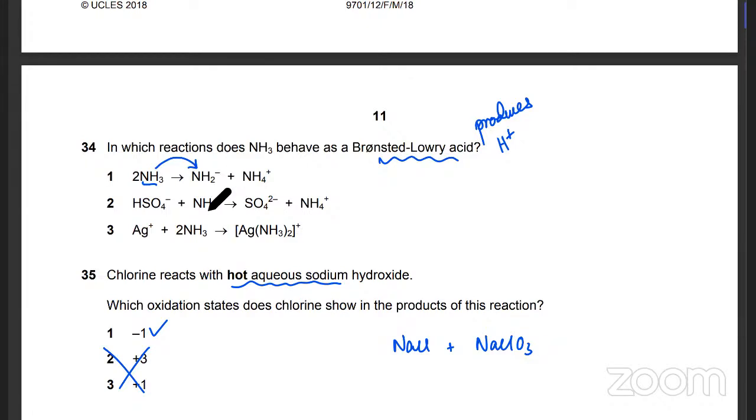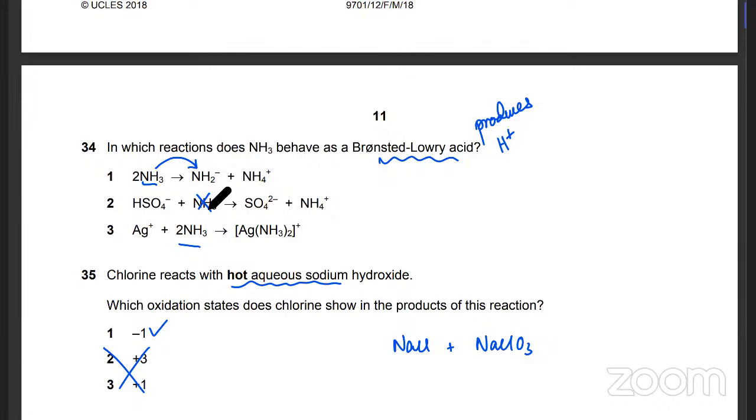What is NH3 behaving as in number 2? A base. It's behaving as a base, so that's not true. The third one is it's not doing anything. It's neither accepting nor donating. Why is it acting as a base?